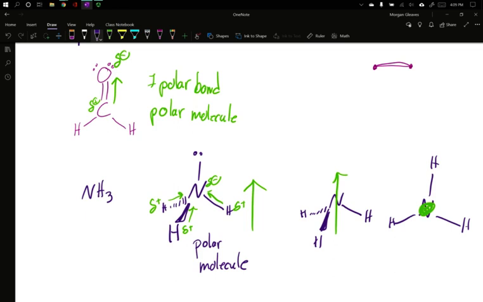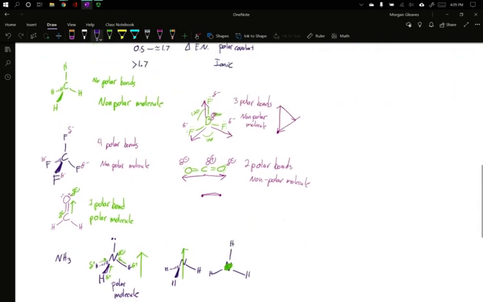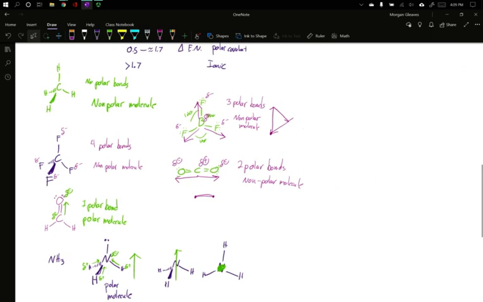If they are polar bonds, you then have to look at the shape of the molecule and determine if all of the polar bonds cancel or if they are not canceled by other polar bonds. And so tetrahedral geometries like our CH4, they cancel out if all the things are the same.